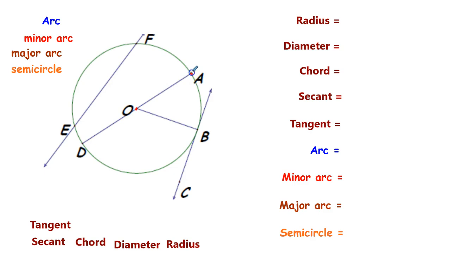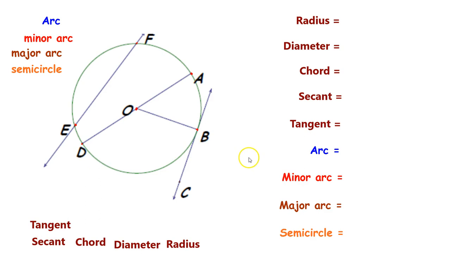A is a point on the circle. You have a point B, and F, D, E, they're all there. And you're asked to label this: what is the radius, where is the diameter, chord, secant, tangent, arc, minor arc, major arc, semicircle, etc.